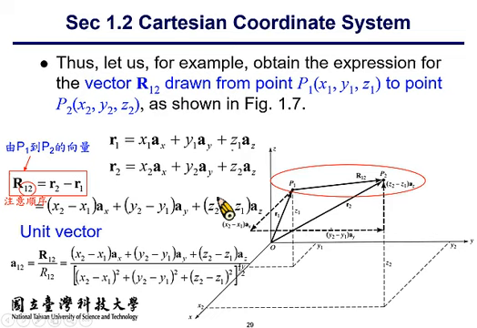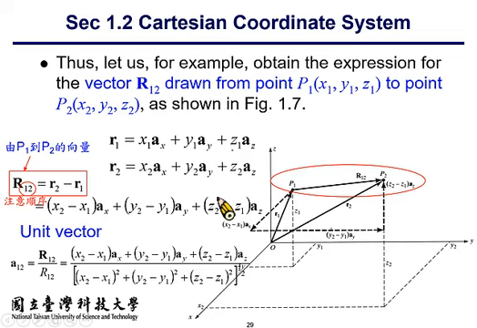Why? Because R12 can be thought of as the difference between point 1 and point 2 according to their projections on the x, y, and z axes. As the equation shows, the x component of R12 is x2 minus x1.